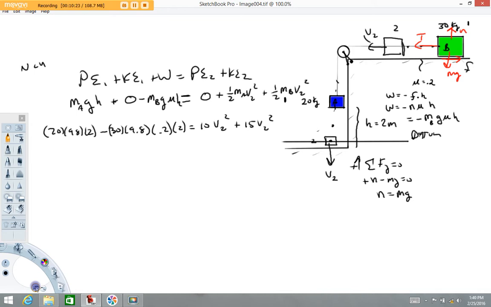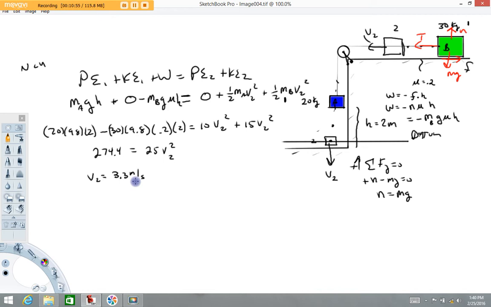And on the left-hand side of that, I get 274.4 equals, and these things add to 25 V2 squared. So V2 is approximately 3.3 meter per second. I think in the previous video when I worked this without friction I got 4 meter per second, so that's making some sort of sense.